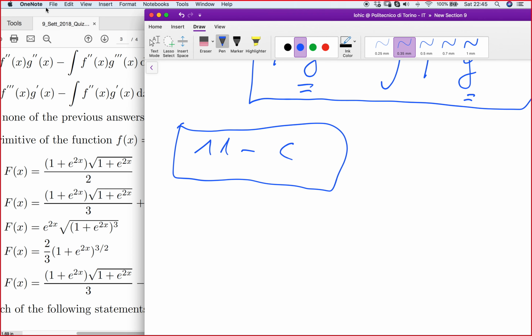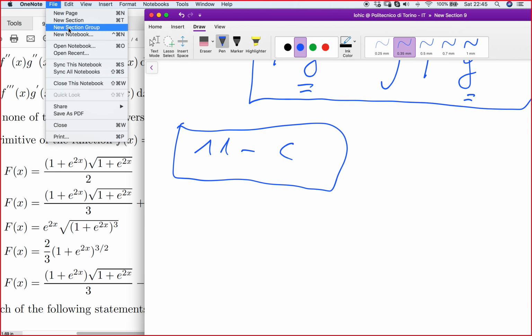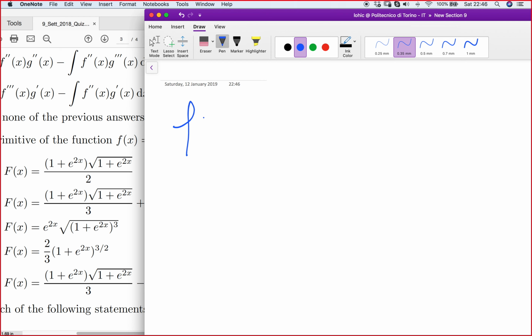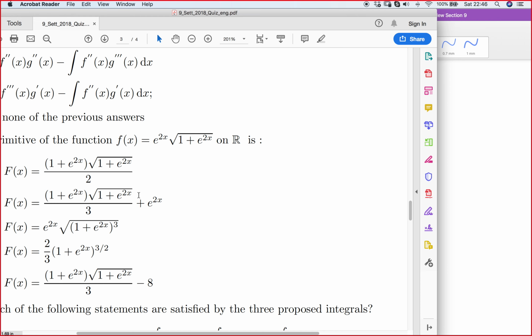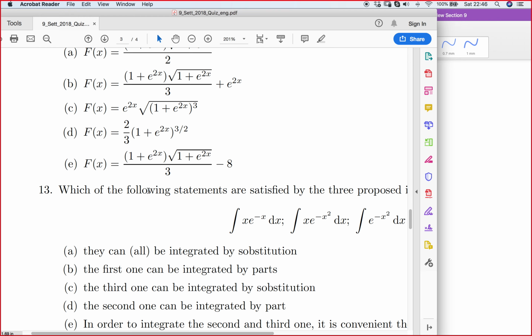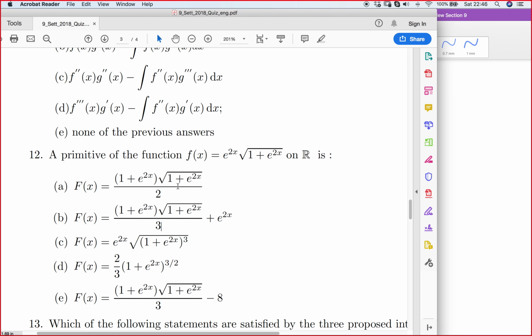Let me clean the board. So you have f of x equal to exponential of 2x root of 1 plus exponential of 2x. We want a primitive, not the primitive. We want a primitive.